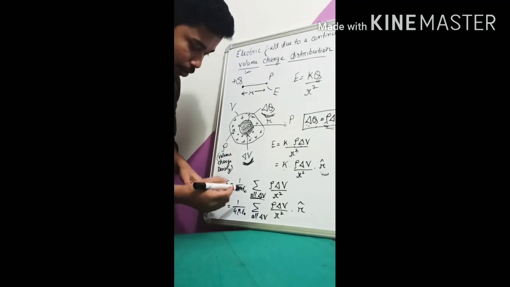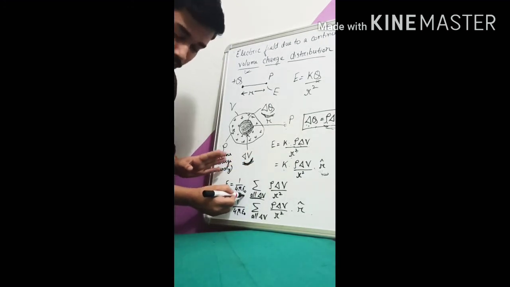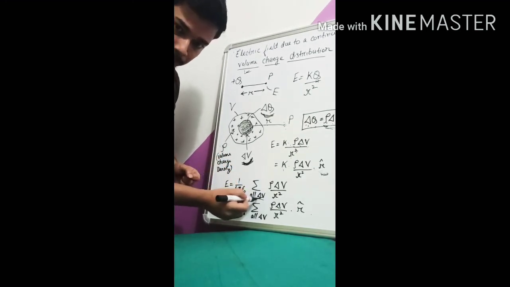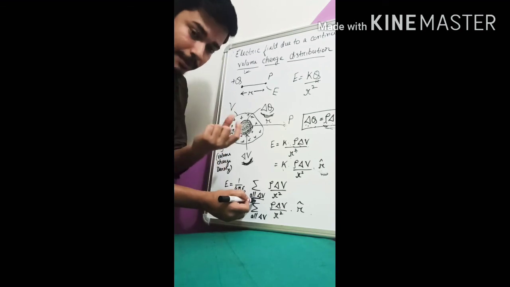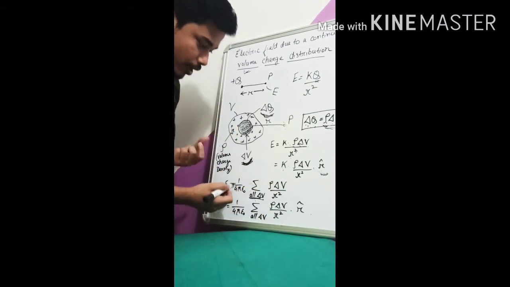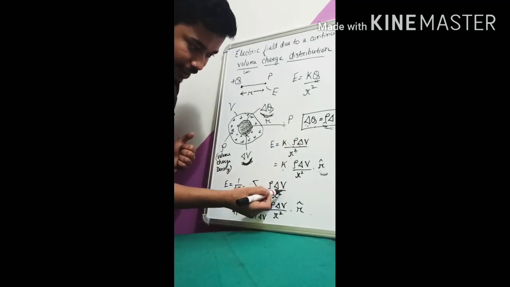Here, in terms of K, we have put 1 by 4 pi epsilon naught, which is the constant. I have put a summation over all delta V, all the volume elements, and this is the electric field value for this whole volume. So this part comes here, rho delta V divided by r square.